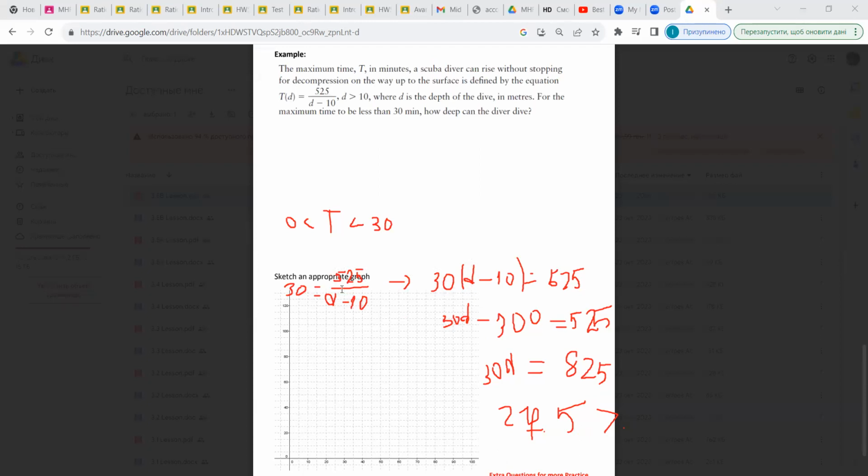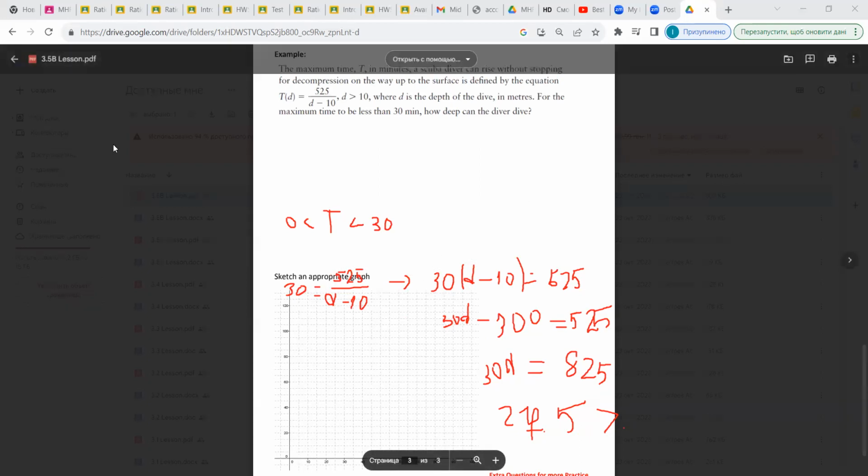And obviously, to sketch this graph, you would see, first of all, depths greater than 10. So it's going to be past this line. Depth is greater than 10. And also time is going to be from 0 to 30.